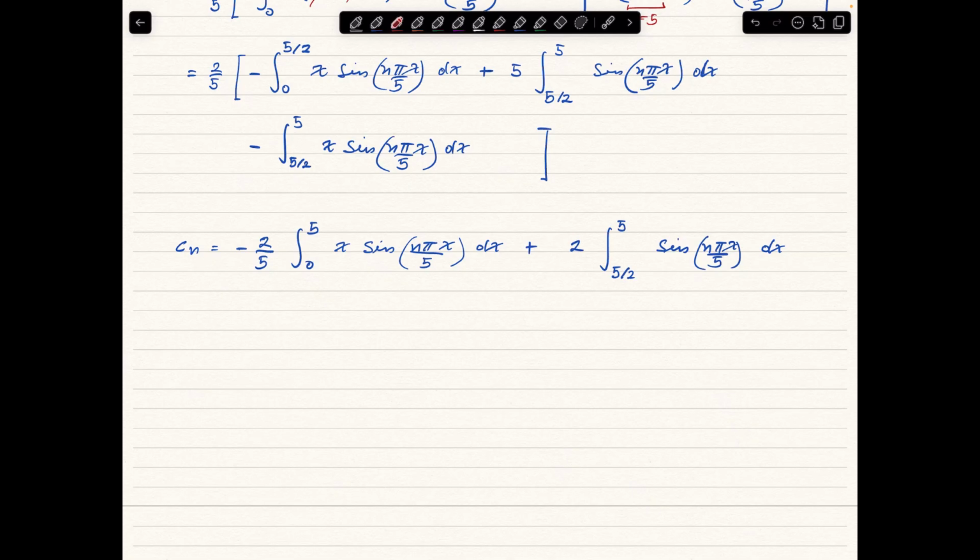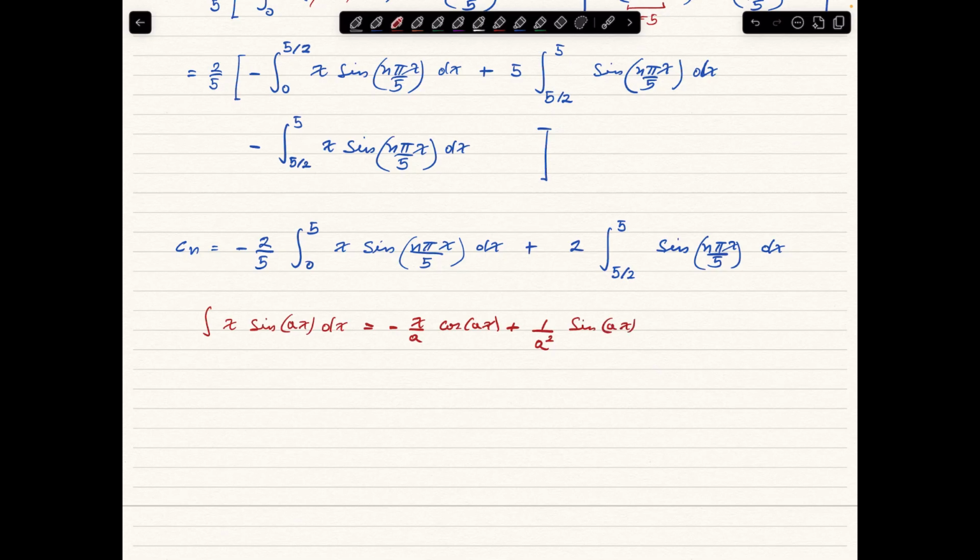And to do the integration, we need to recall a formula of integration by parts, which says that the integral of x sine of ax dx is always negative x over a cosine of ax, and then plus 1 over a squared sine of ax.